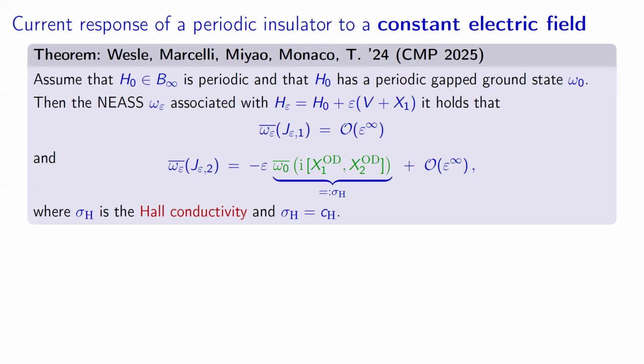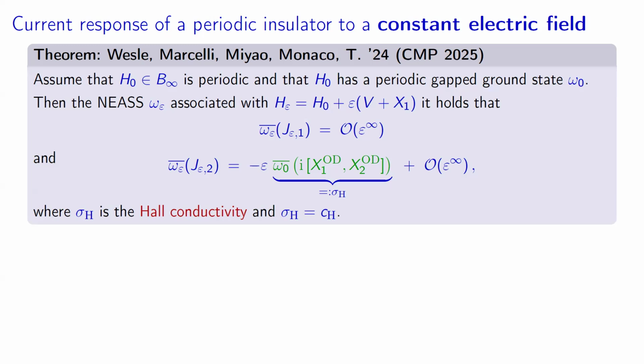Then the current density, which I indicate here by this bar, the current density in the one direction, is close to zero. It's smaller than any power of epsilon. That basically tells you that a gapped system is an insulator. There will be no current flowing in the direction of the electric field.